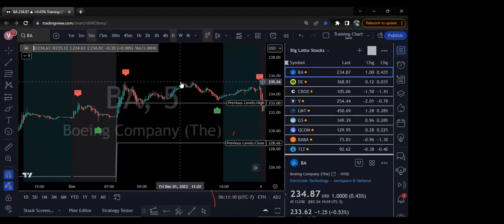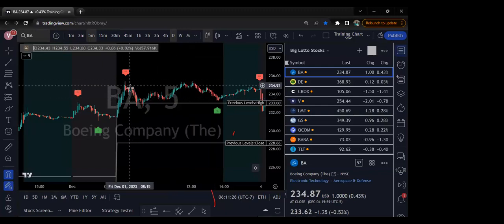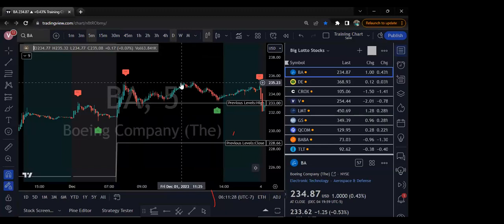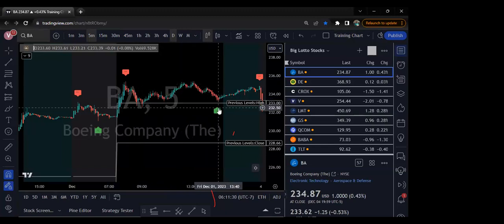Now, if it's not breaking that level, especially for stocks with a big ATR, you're taking puts back down. So when this contract went up, puts become cheap at a discount. So you have the same stock: you rode it up, and the same stock, you're riding it back down. Okay, so that's for BA, an example.